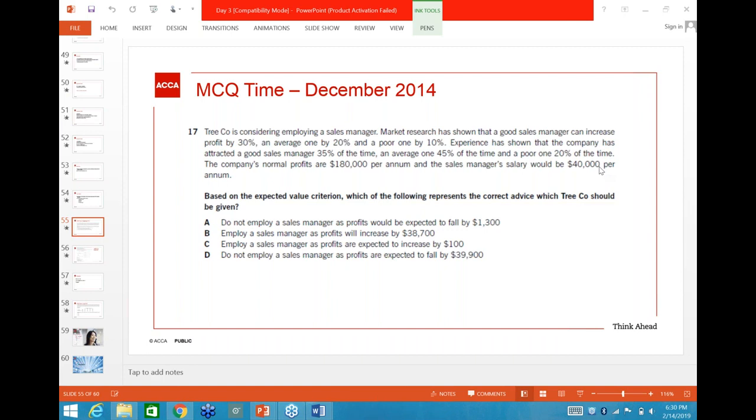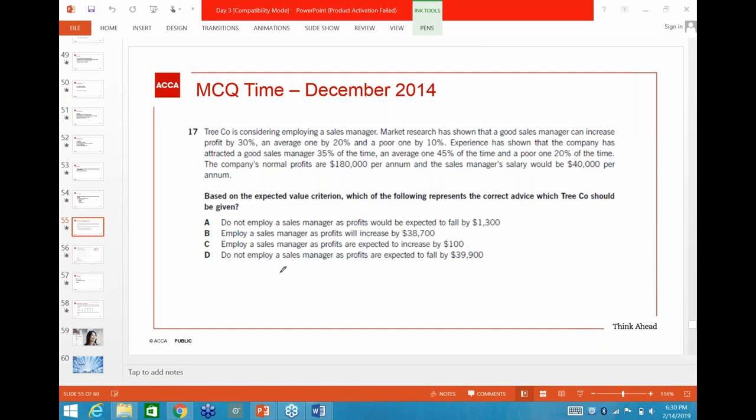Company's normal profit is 180 and the manager is paid a salary of 40. Based on the expected value criteria, which of the following represents the correct advice which tree company should be given?